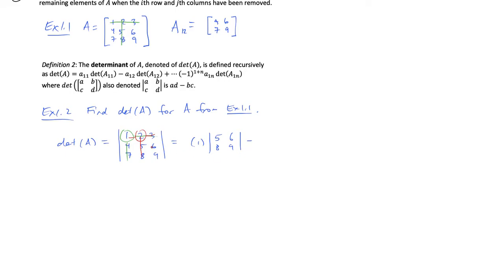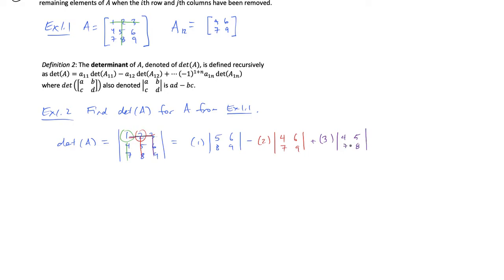Delete its column and row. And take the determinant of its submatrix, like so. And then the last column, the last row. Once again, alternating sign. So now we're back to positive sign. And we have 4, 5, 7, 8.